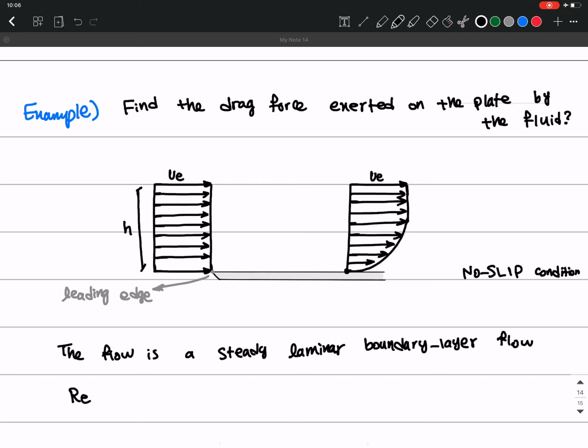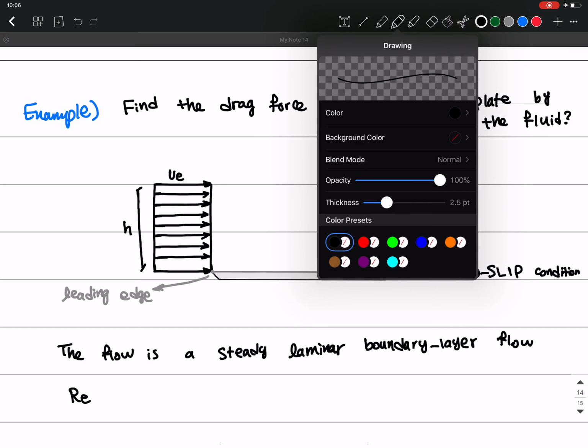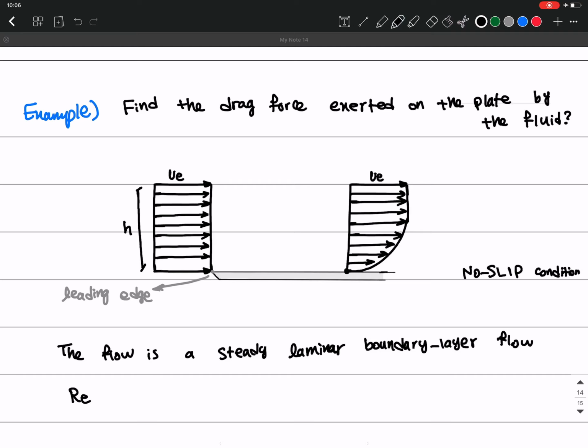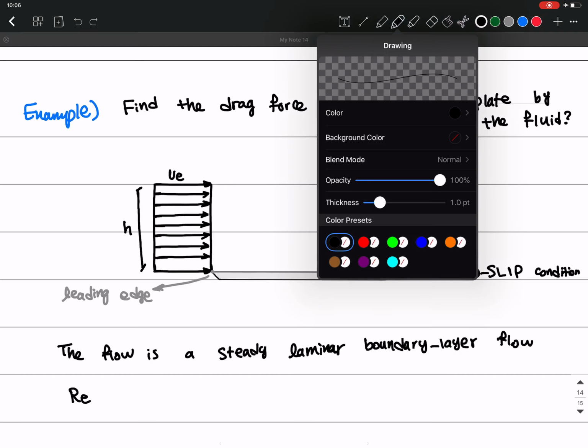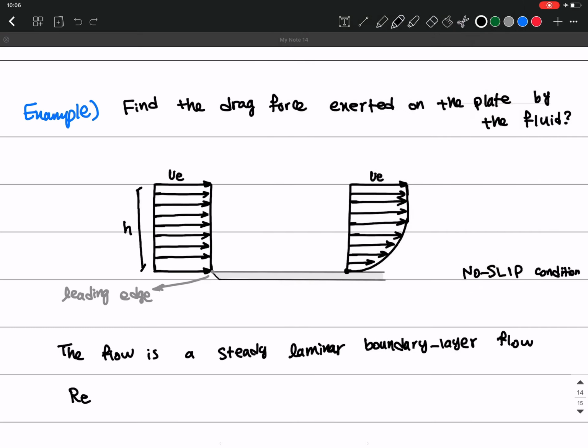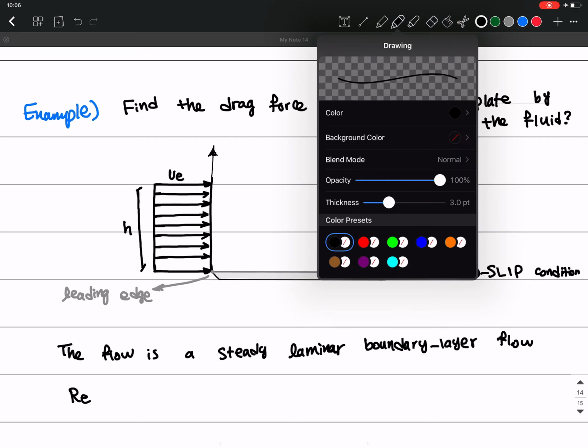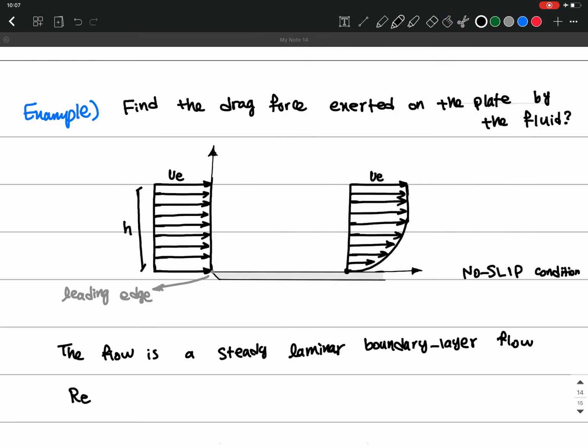So let's say this is x direction, and this is y direction. So let me just write them down. This is x and this is y.